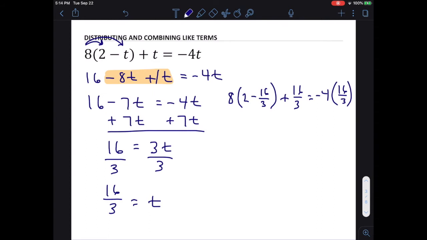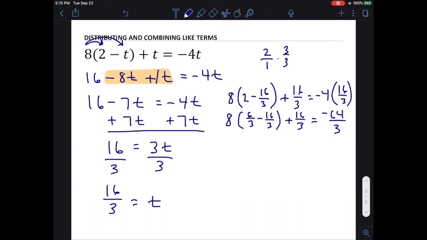Well, we need to get a common denominator, right? So we need to say 8 times, and to make 2 into a common denominator, we're going to say 2 over 1, but then we're going to multiply it by 3 over 3 because we want our common denominator to be 3, so we end up with 6 thirds minus 16 thirds plus 16 thirds equals, and I can do the math here, -64 thirds.